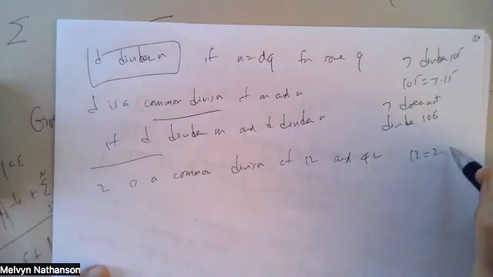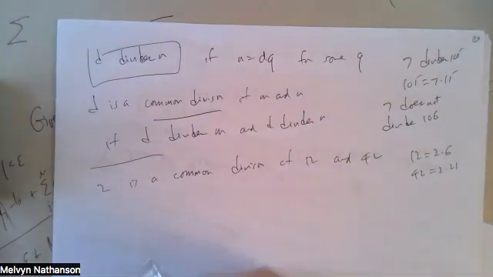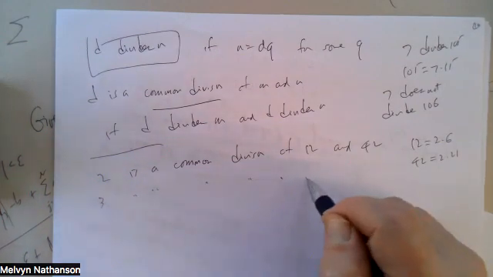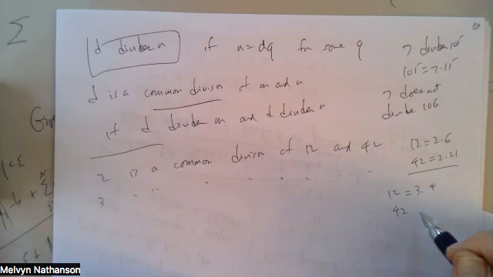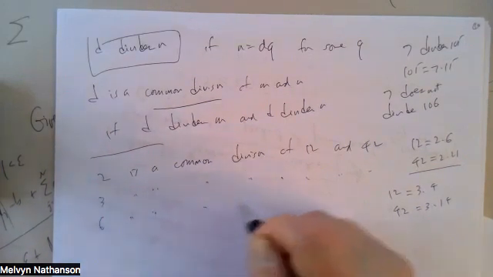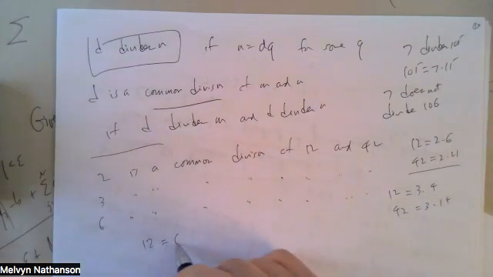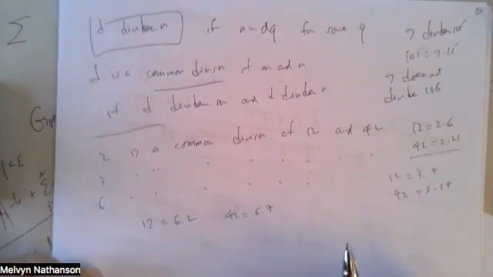Because 12 is 2 times 6, and 42 is 2 times 21. 3 is also a common divisor of 12 and 42, because 12 is 3 times 4, and 42 is 3 times 14. 6 is a common divisor of 12 and 42, because 12 is 6 times 2, and 42 is 6 times 7.